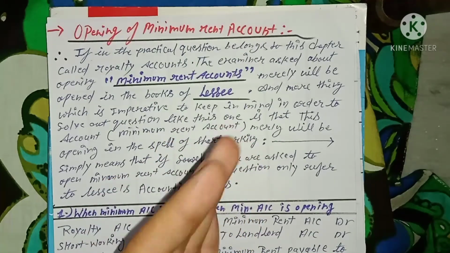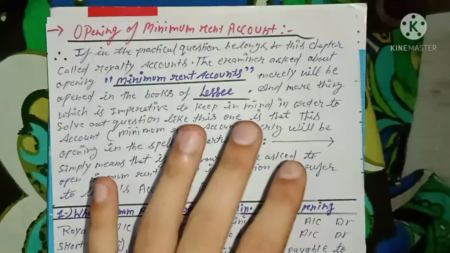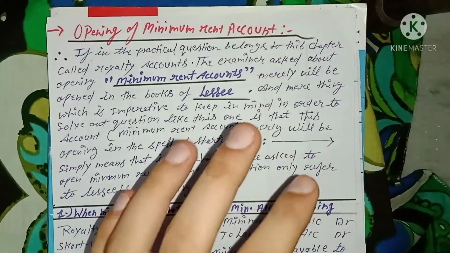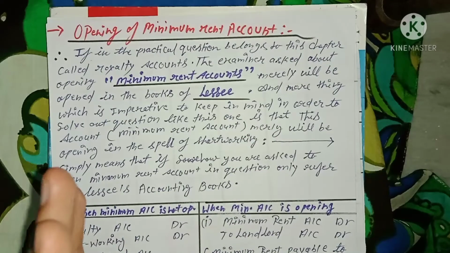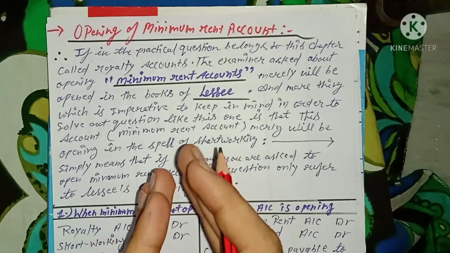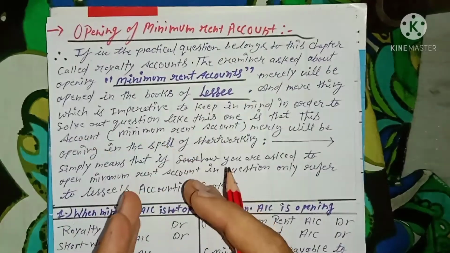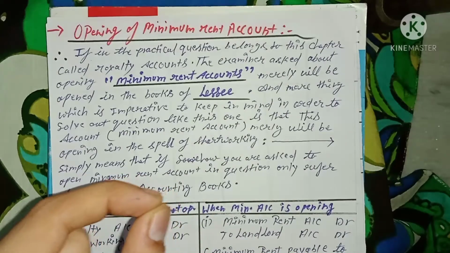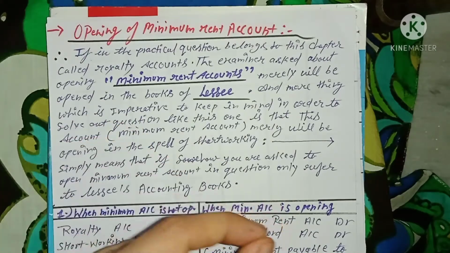In simple language, as I already told you, we generally prepare three prime accounts, the royalty, short working, and lessor accounts, in the books of the lessee. Whenever the minimum rent amount is greater than the actual royalty amount, we simply pay the minimum rent amount to the lessor.